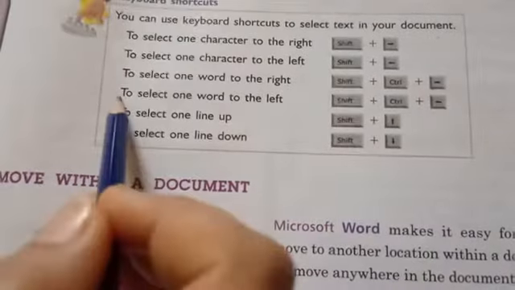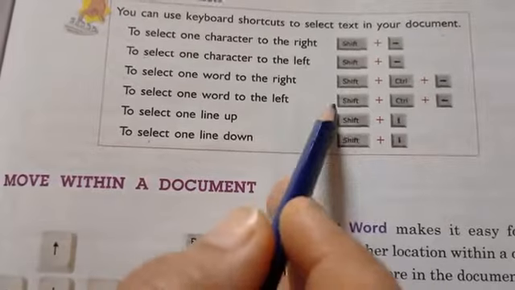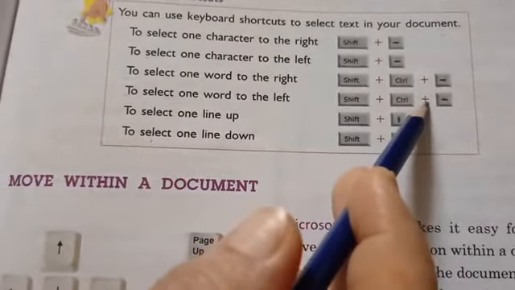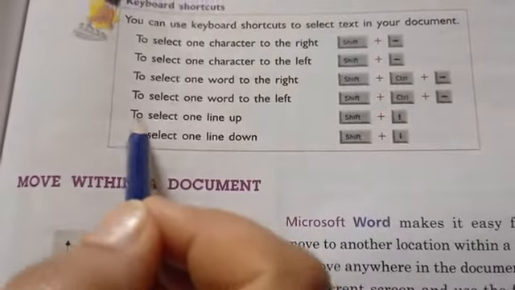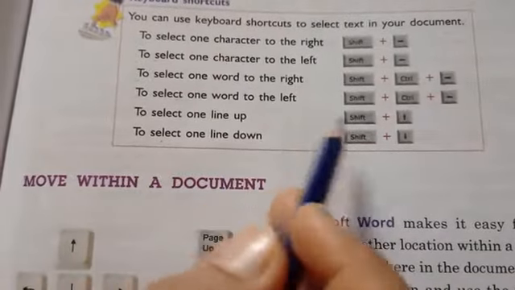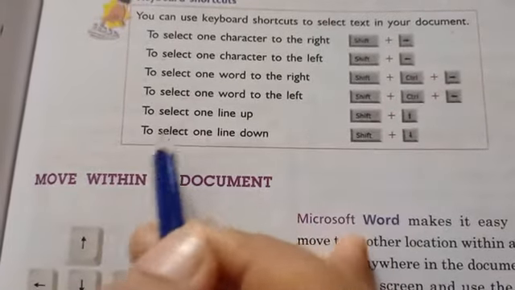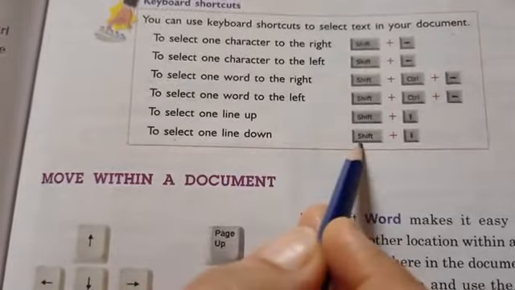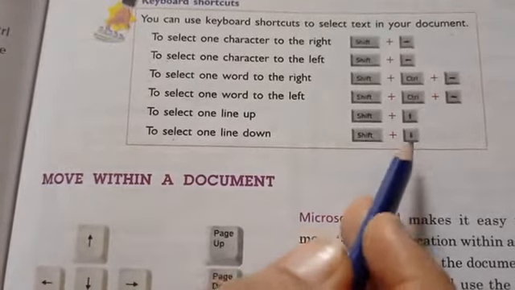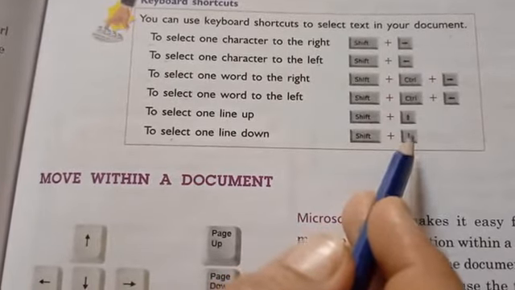Next, to select one word to the left, Shift key plus Control key plus left cursor key. To select one line up, Shift key plus up cursor key. To select one line down, Shift key plus down cursor key, or down arrow key, you can say.